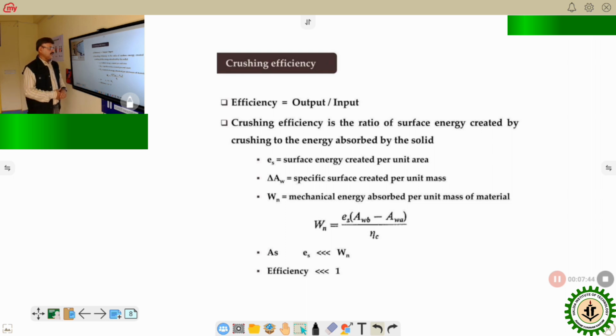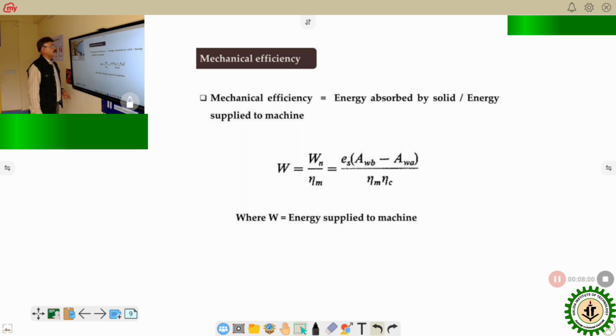As Es is much less than Wn, the efficiency is always less than 1. That is true, as I have already mentioned, that efficiency for size reduction operation is always low.